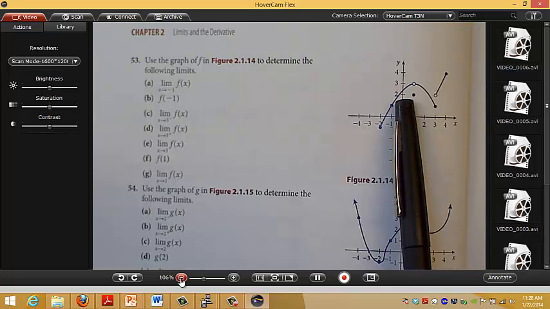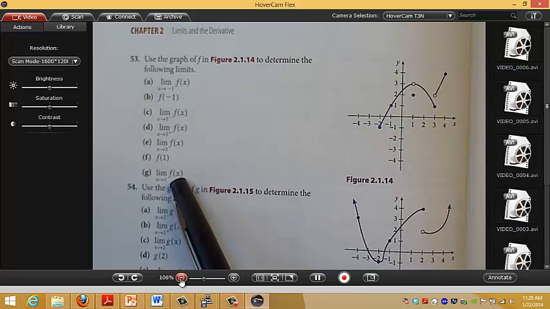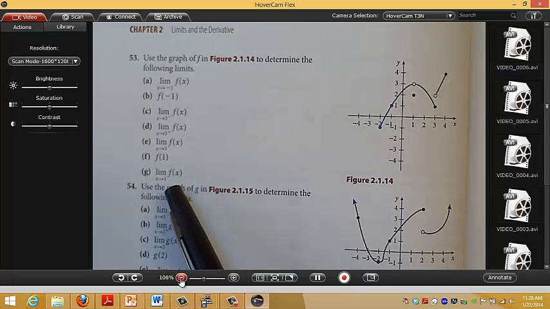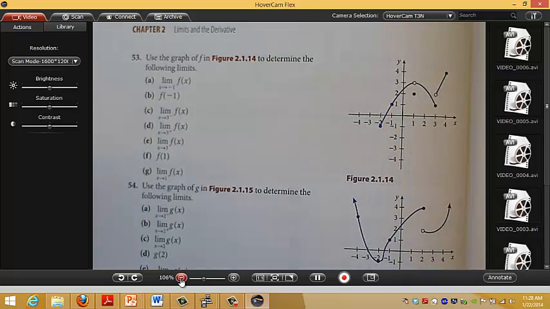F of 1 is 2. That's part F. But part G says the limit. It doesn't matter what f of 1 is. It says, what happens as x gets close to 1? What are the outputs getting close to when x is getting close to 1? Yeah, 3. You guys see that?